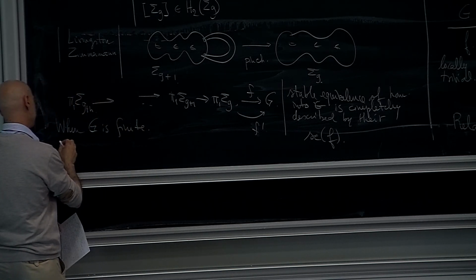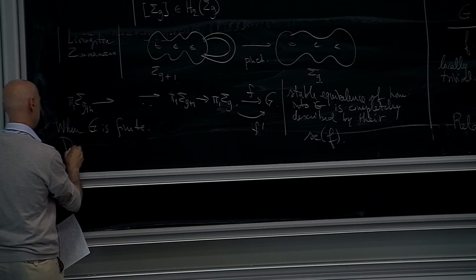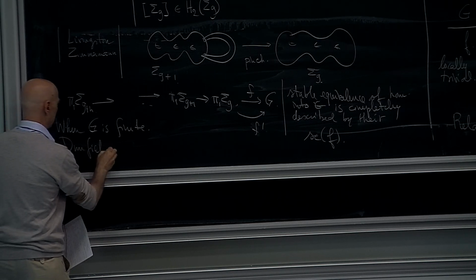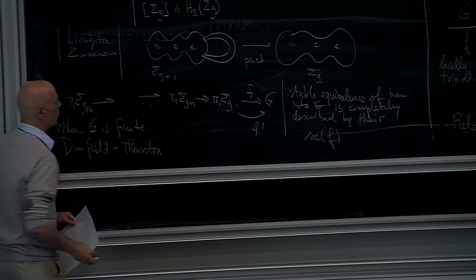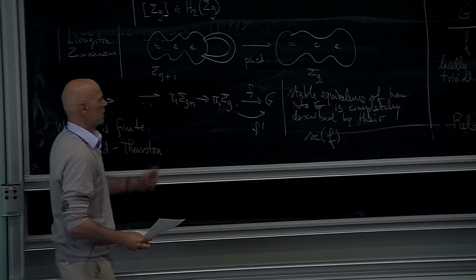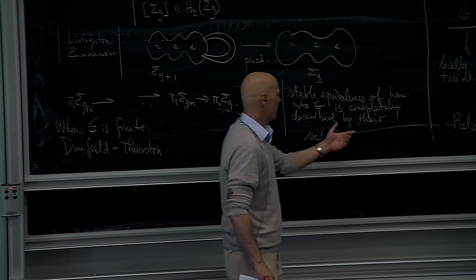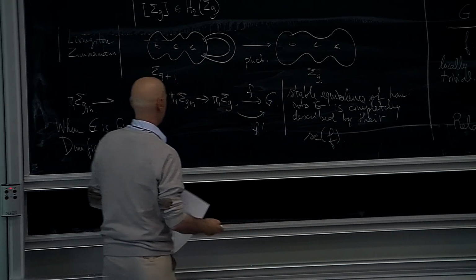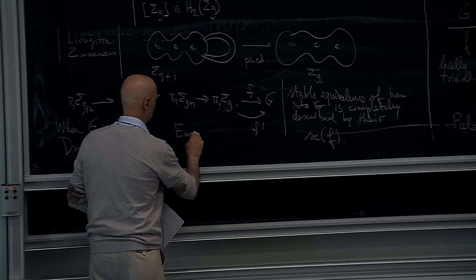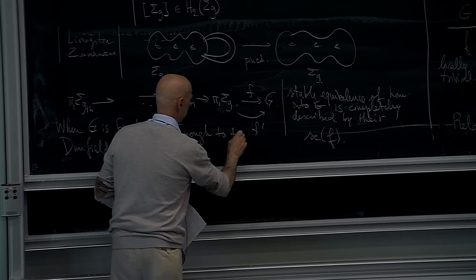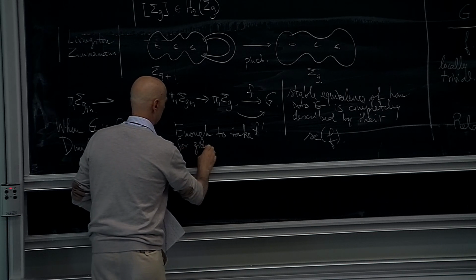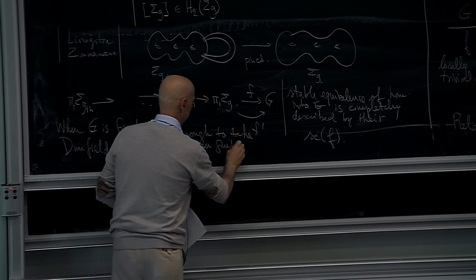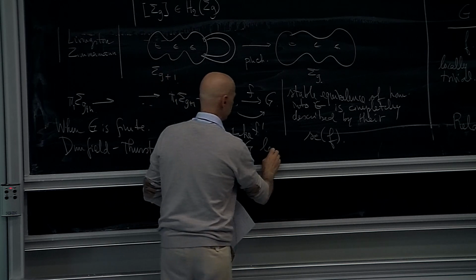This was made precise by Dunfield and Thurston, who proved that actually there is enough, for given finite G, large enough genus.